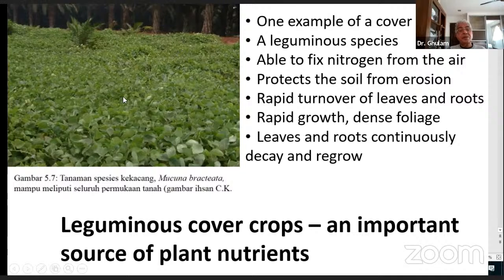So this is a very good recycling of nutrients. This is part of a very efficient recycling system. And important, these cover crops, usually if managed properly, are an important source of plant nutrients for the agricultural system.